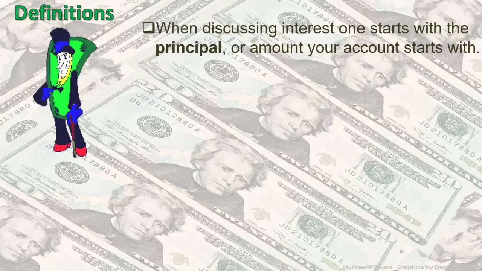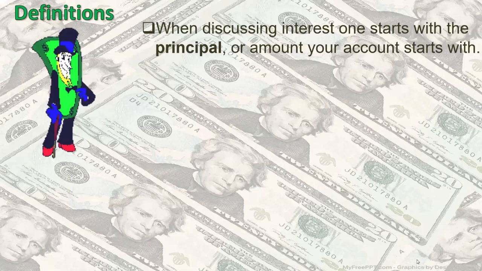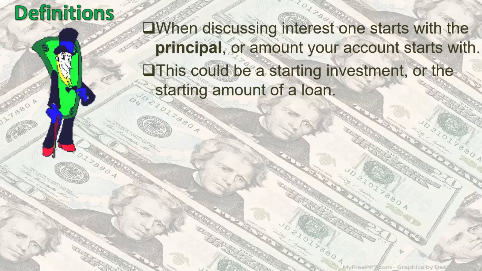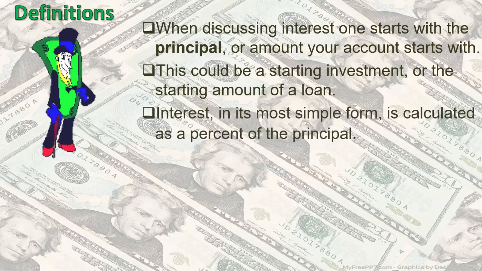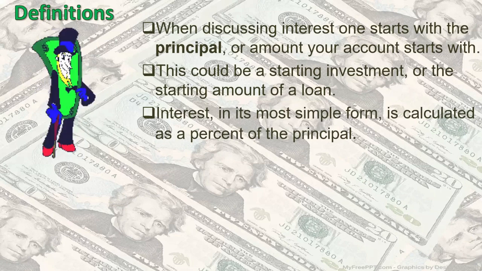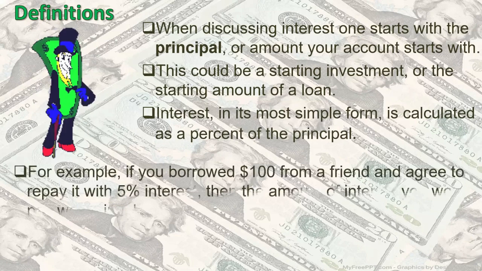Definitions. When discussing interest, one starts with the principal, or the amount your account starts with. This could be a starting investment or the starting amount of a loan. Interest in its most simple form is calculated as a percent of the principal.